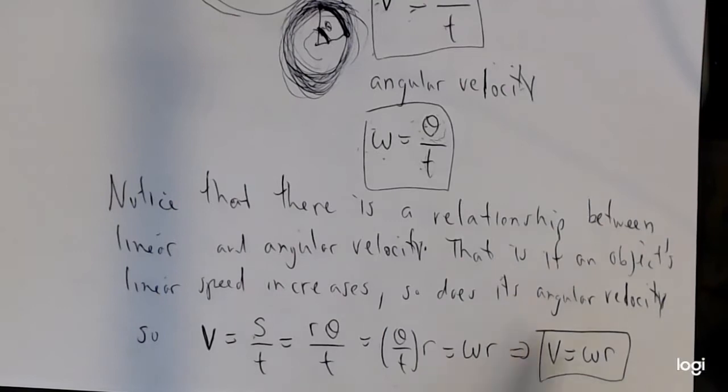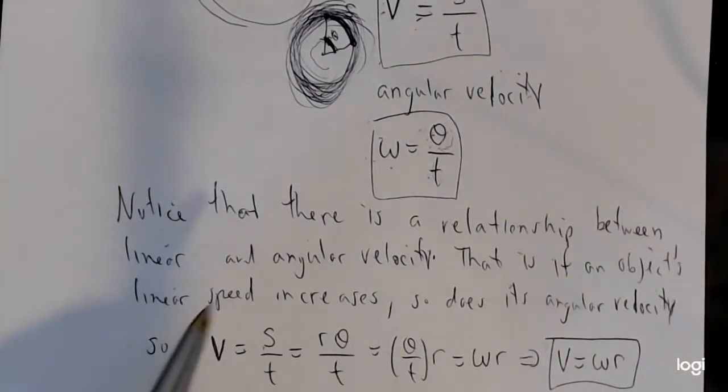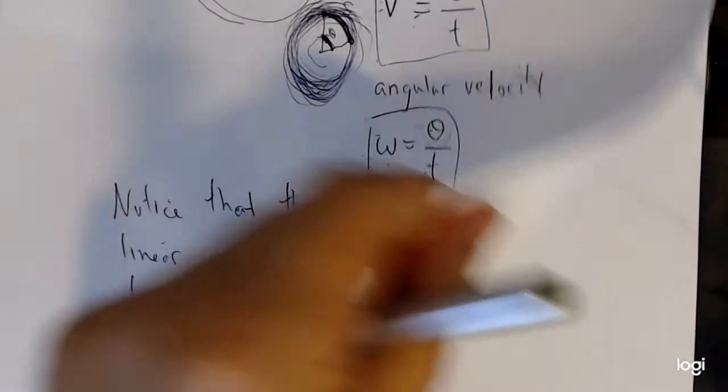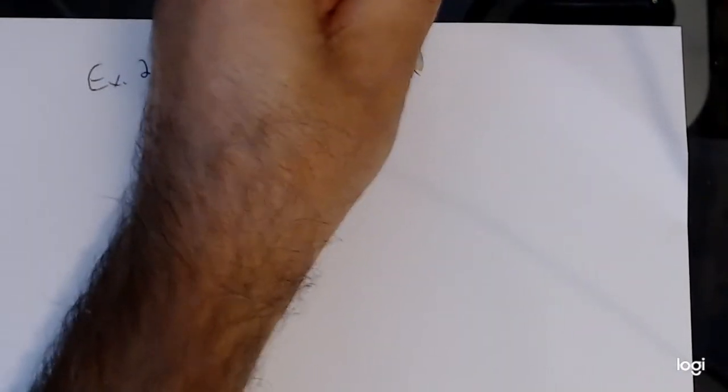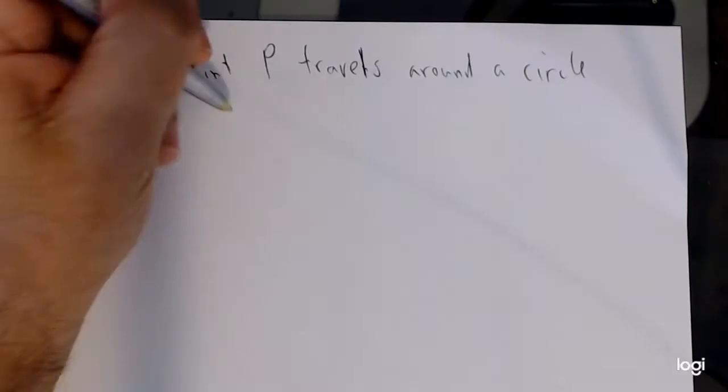Any one of these three are good to go, but just make sure you know all three of those. So let's do an example where we'll put angular speed and linear speed to use. Remember, these have to do with points or objects traveling around a circle. For example 2, point P travels around a circle of radius 15 feet.